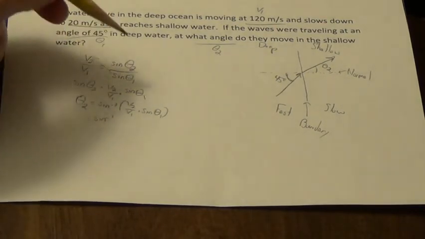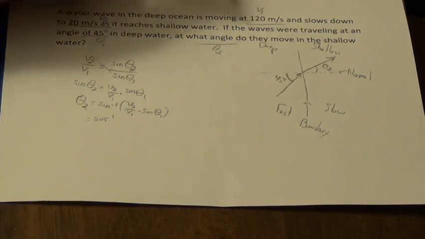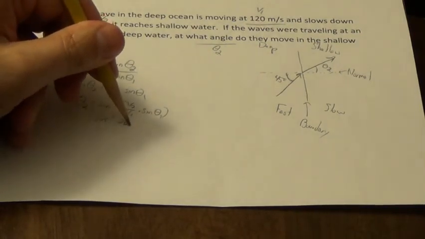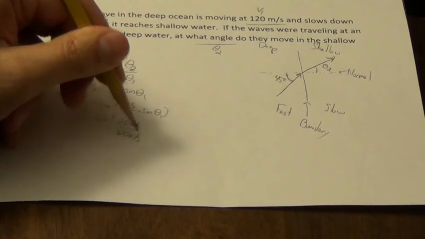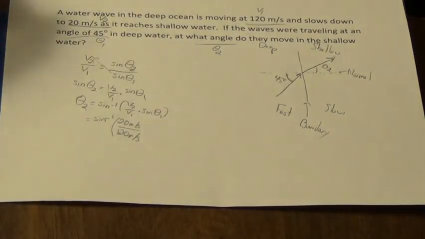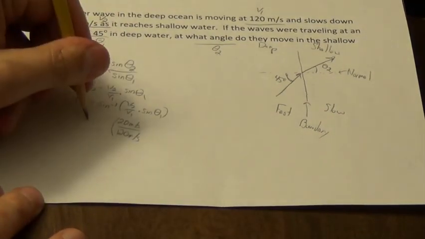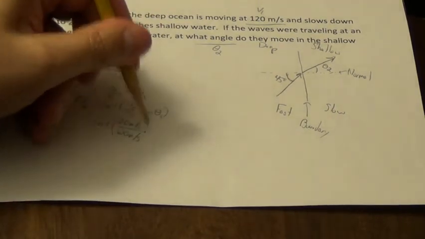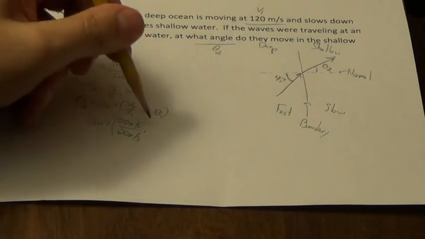And so as we go through that, the inverse sine of V2 over V1. So that would be, we have things labeled, 20 divided by 120. Let's make that a little bit easier to read since that's taking up more space than I was expecting. And then you multiply that times the sine of angle 1, and the sine of angle 1 was the sine of 45 degrees.